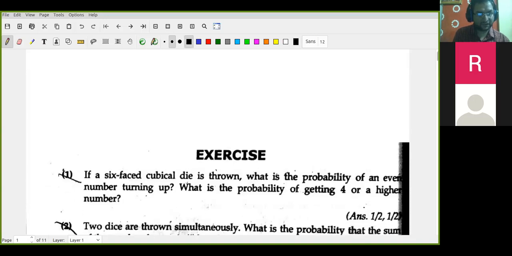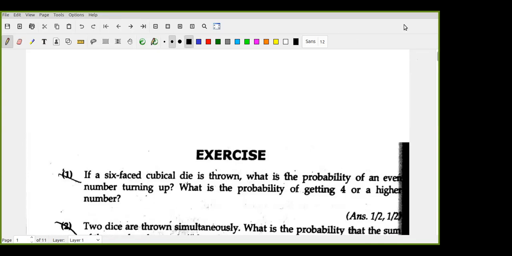Let us start with this very first problem. Did you read the problem? Yes, sir. If a six-faced cubical die is thrown, what is the probability of an even number turning up, and what is the probability of getting 4 or a higher number?